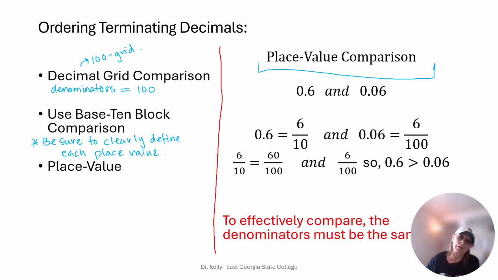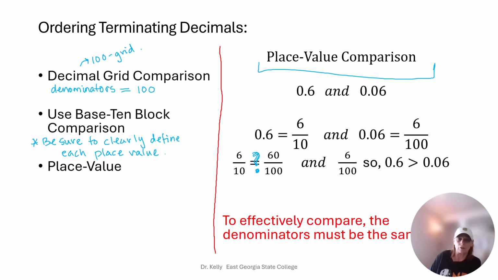So here we convert 6/10 and 6/100. And when we look at them, we can see that, and I don't know why I put an equal sign here. That was absolutely insane-o. Let's just put a big fat question mark there, because that's the question that we're asking.